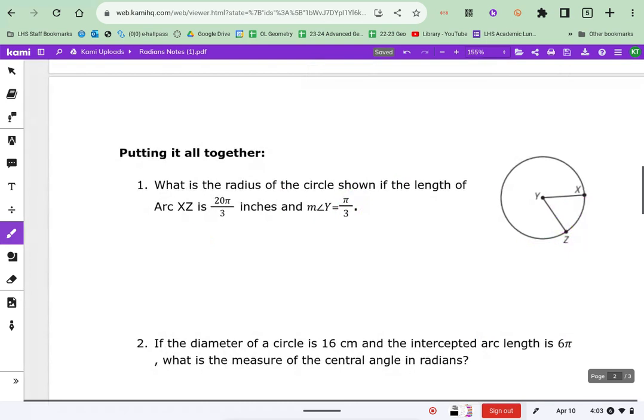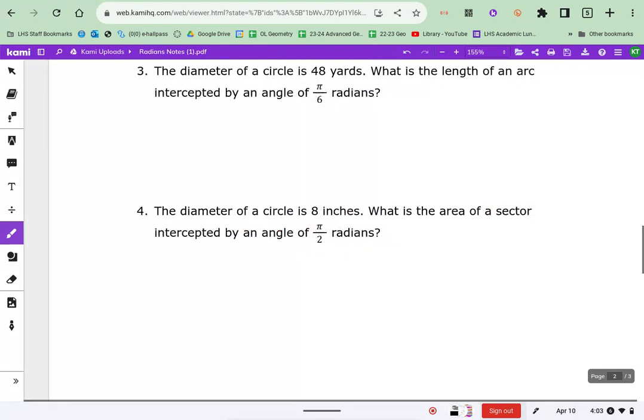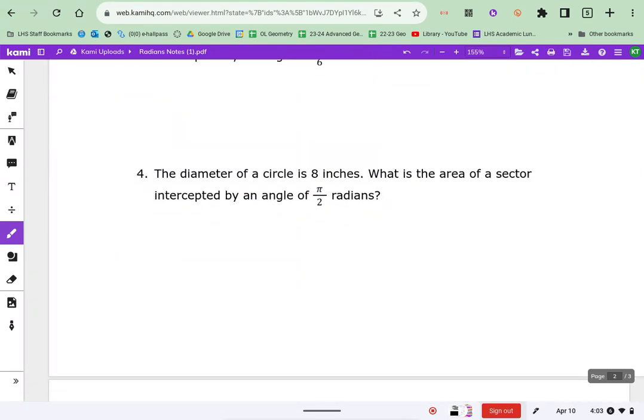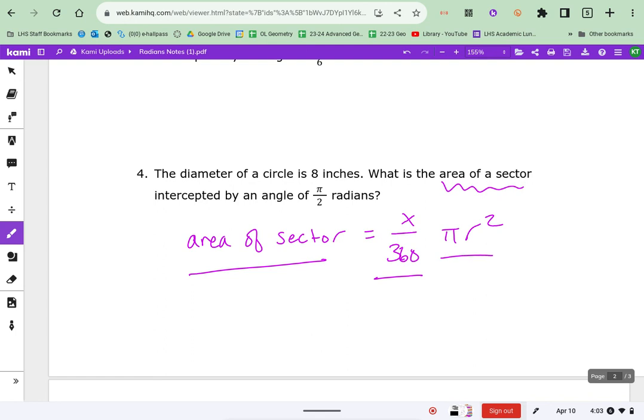One other thing that I just wanted to point out is here on the last one, number 4, it's switching from giving you the arc length to area of a sector. And just as a reminder, the formula that we used previously for the area of a sector was area of a sector equals x over 360 times pi r squared. So your area equals a fraction of the total area.